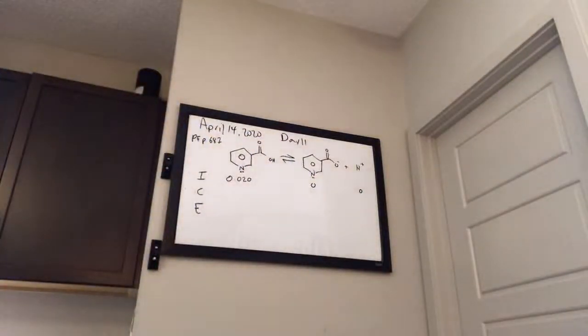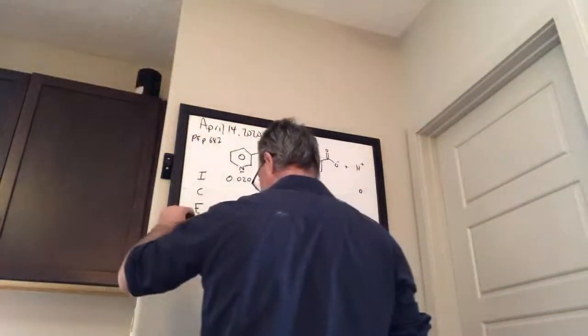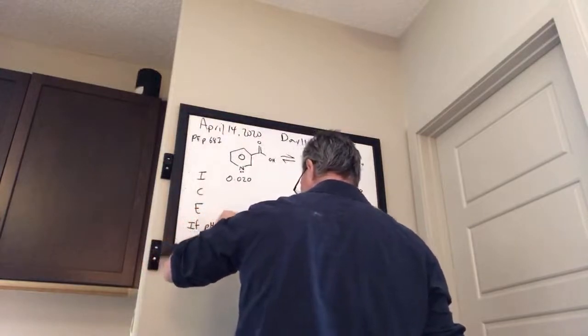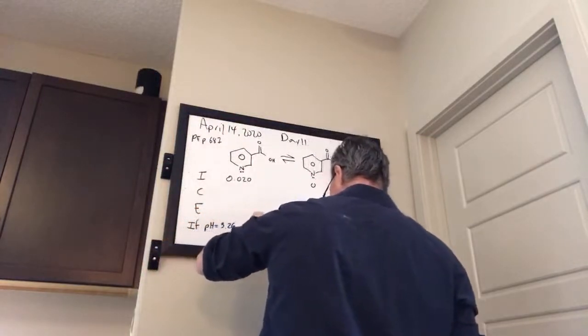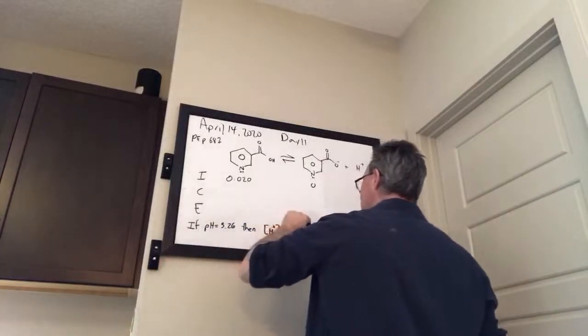It says after the reaction that the pH is 3.26. Well, if the pH is 3.26, you're going to easily be able to calculate the H plus concentration. So let's do that at the bottom here. If pH is equal to 3.26, then the H plus concentration is equal to 10 to the negative 3.26.